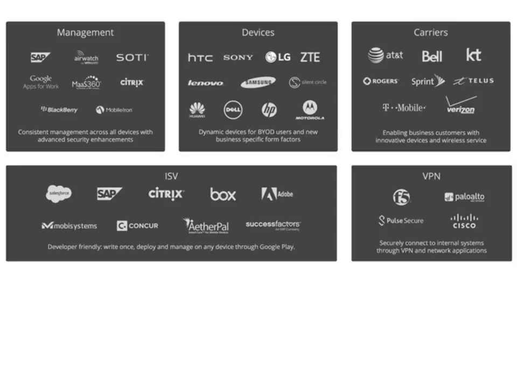MaaS360, as an example, is obviously an EMM partner. And in the case of EMMs, our role as Android is to make APIs available, whether it is a platform API that is enabling new Android platform functionality, or Play APIs for the Play for Work functionality. That is the role that we play, and then we depend on partners like MaaS360 to integrate those capabilities into their products and present them to you as part of a comprehensive management solution.